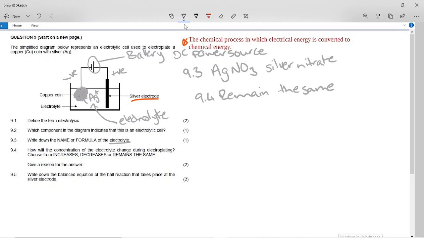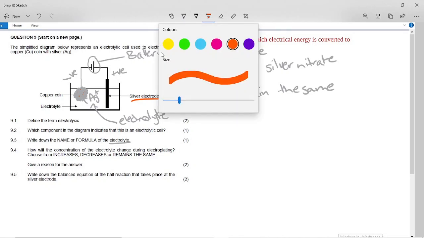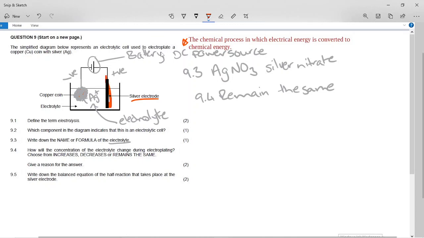And yes, you would think that, but that is the whole reason for this lovely electrode over here. Can you see this lovely silver electrode? This silver electrode is now returning the silver ions into solution, because here the silver metal loses electrons and becomes silver ions in solution. So the concentration of the electrolyte stays the same during electroplating.